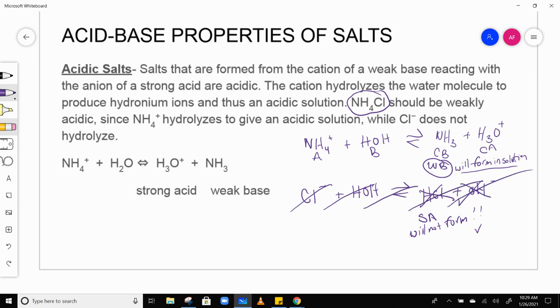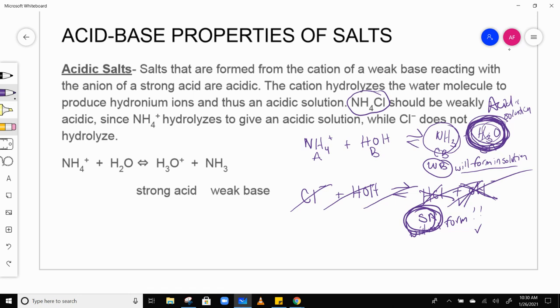We won't get any OH minus in solution. Okay. Now because this NH3 will form, so will this. Since this forms, we're going to have an acidic solution. Again, we saw we had a strong acid produced from one of the ions, so we get an acidic solution.